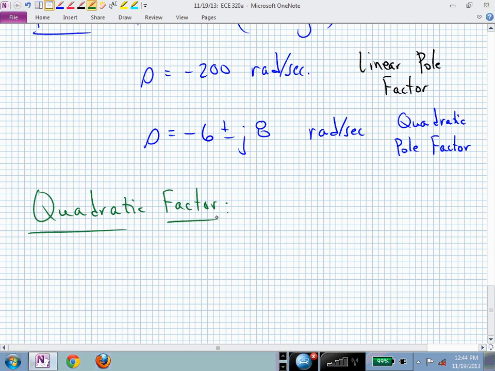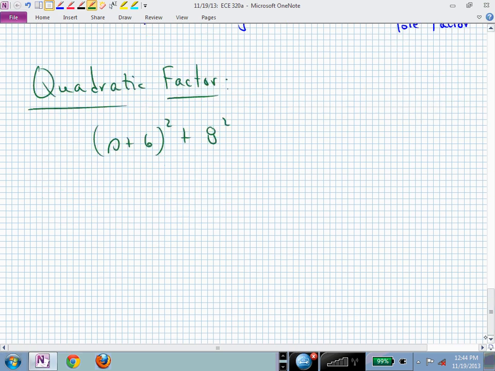But now let's look at this quadratic factor in a little bit more detail. I have s plus 6 squared plus 8 squared. That's s squared plus 12s plus, it's a nice 3, 4, 5 triangle, so that's really just 100 sitting out there as its constant.